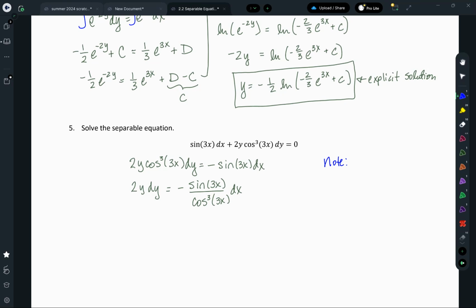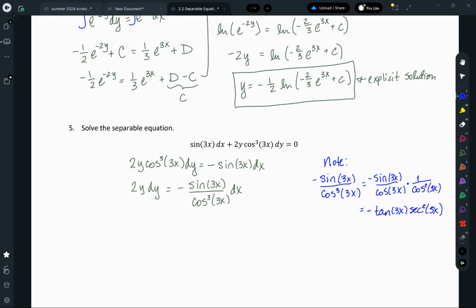But also note that negative sine of 3x over cosine cubed of 3x is equal to a negative sine of 3x over a cosine of 3x times 1 over cosine squared of 3x. And that simplifies to be a negative tangent of 3x secant squared of 3x.